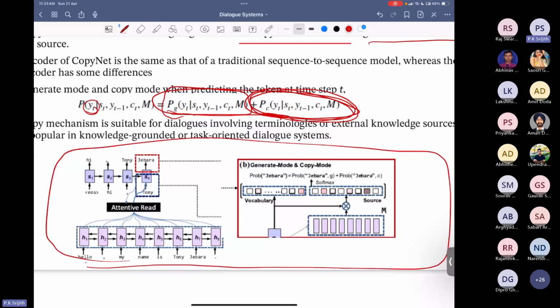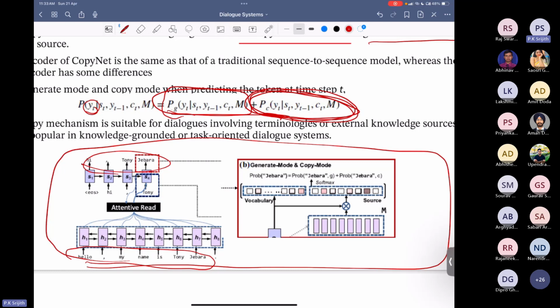Yeah. So this is the input that you have. Now some user says, oh, hello, my name is Tony Jakara, and you expect the system to produce some response like, hi, Tony Jakara. Right? So this is what it is trying to produce: hi, Tony Jakara.